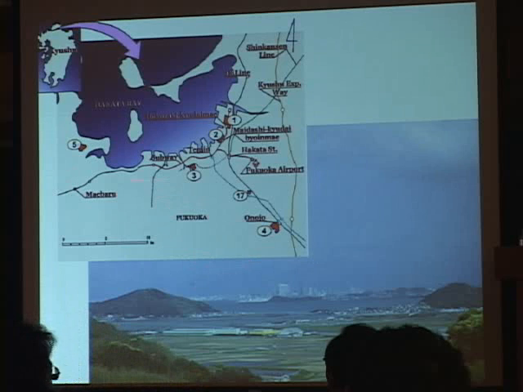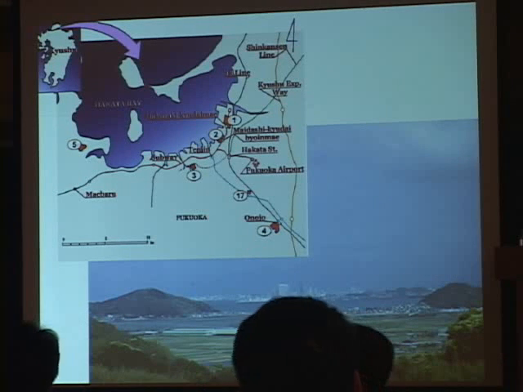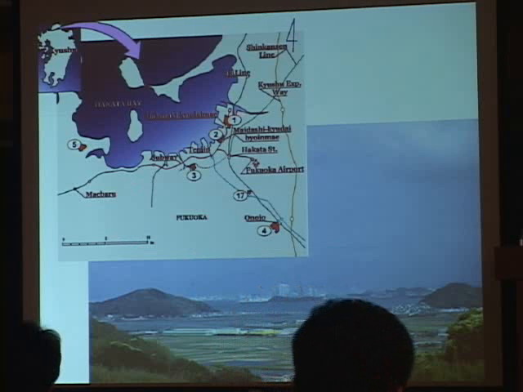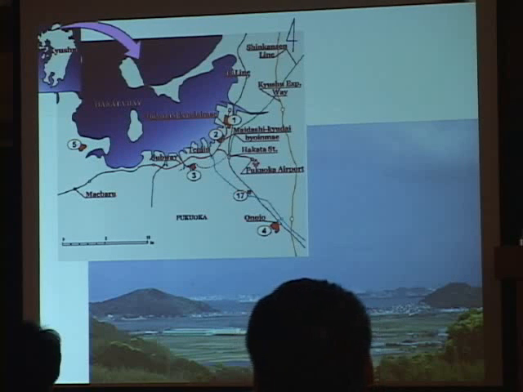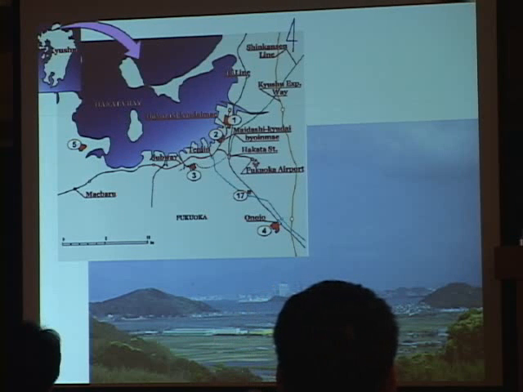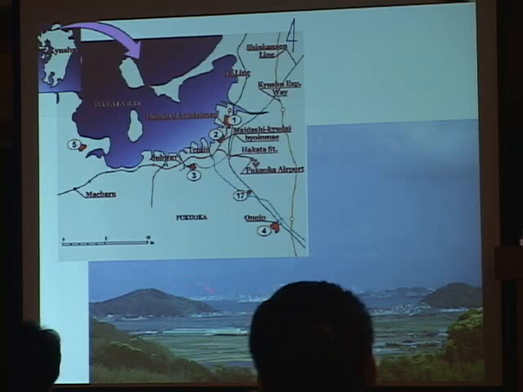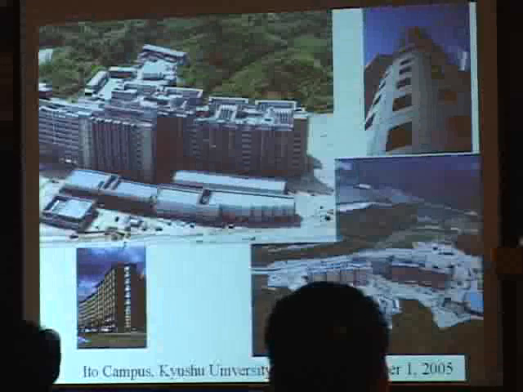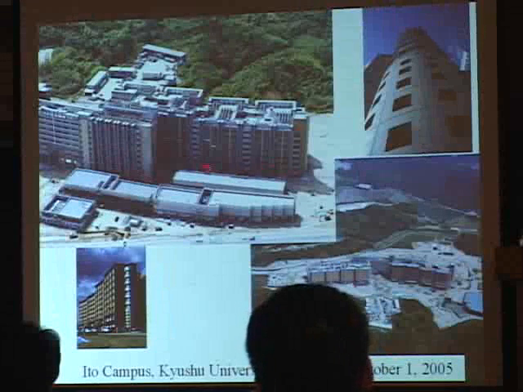Okay, anyway, Kyushu University has started to move. Originally it was in the east part of Fukuoka city, and we moved to the west end of Fukuoka city, and this is a view from our building. You see the Fukuoka Tower, and a big ballpark around here. And this is a picture of a new building.